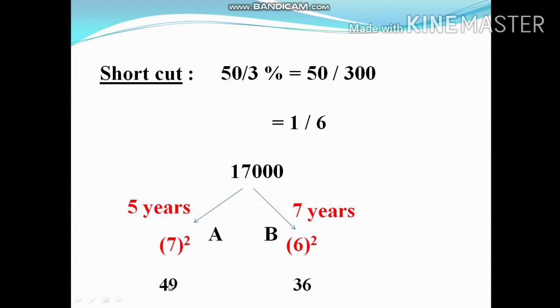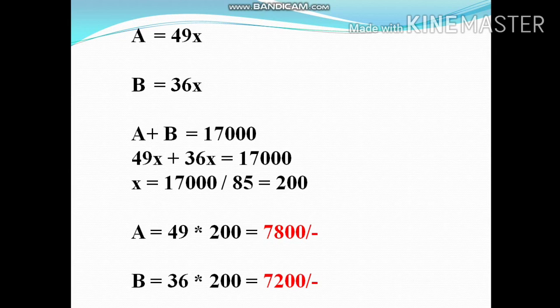So the total is 49 times for A and 36 times for B. A is equal to 49x, B is equal to 36x. So A plus B is equal to 17,000. It is given in the problem. 49x plus 36x is equal to 17,000.